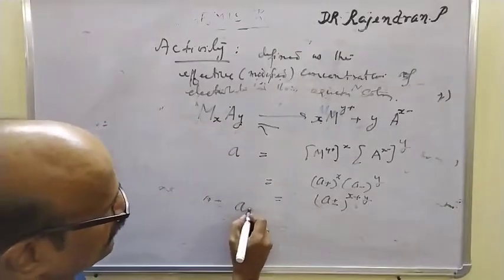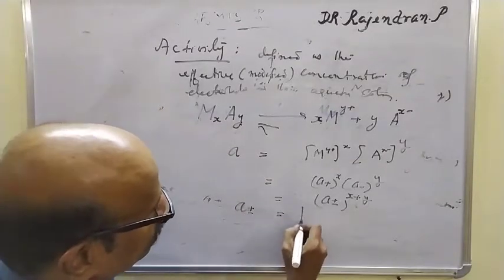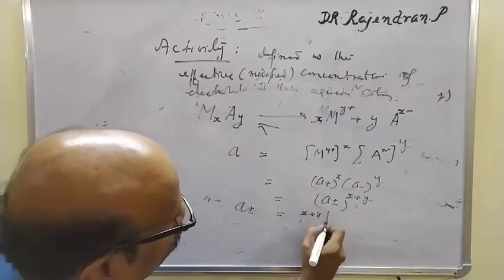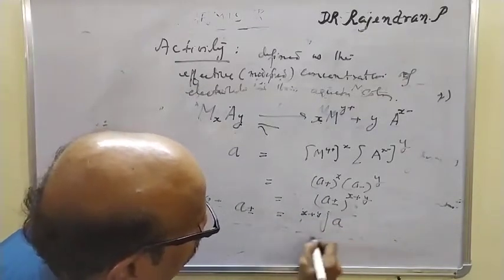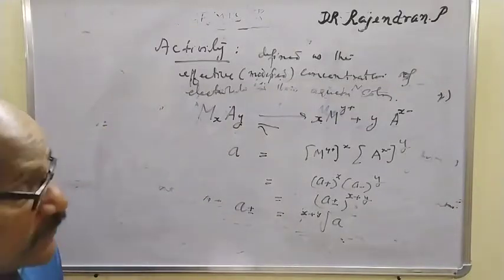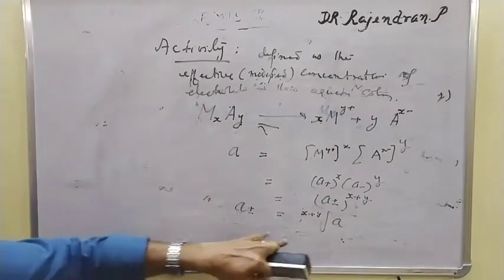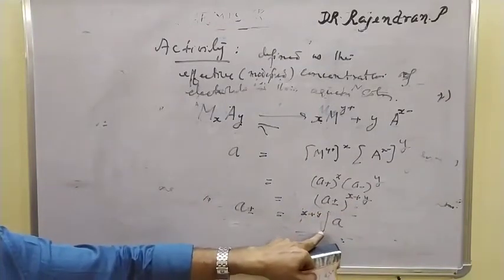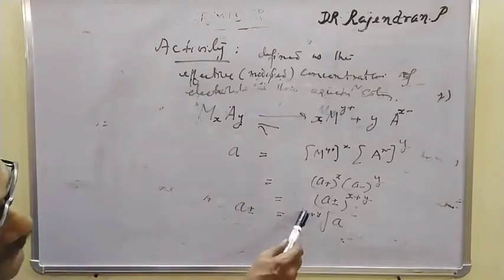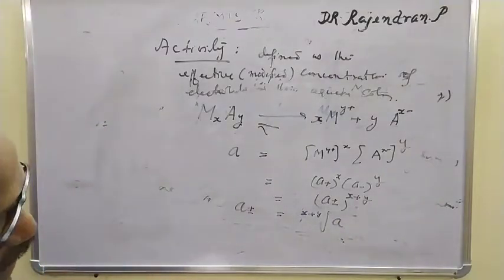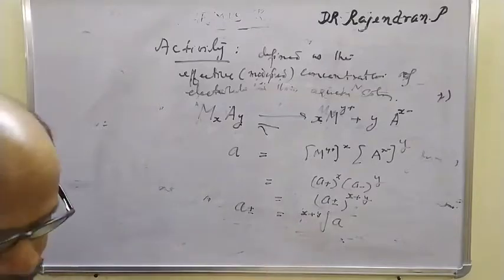Therefore the mean ionic activity a plus or minus is the x plus y root of this a. So this number x plus y is n, then the n-th root of a. It can be 2, 3, 4, 5. The simple case is 2, binary.